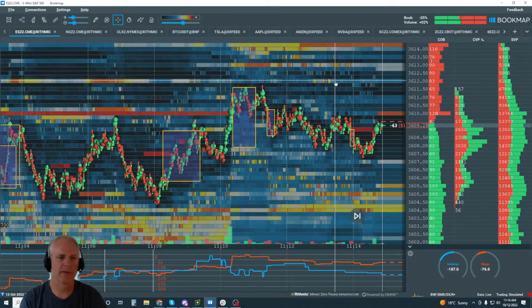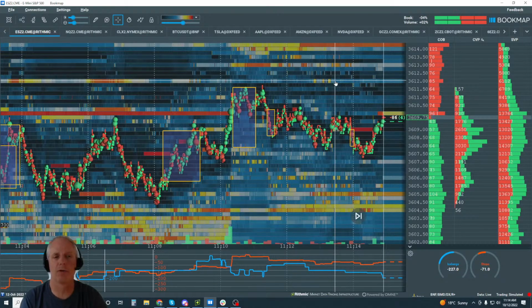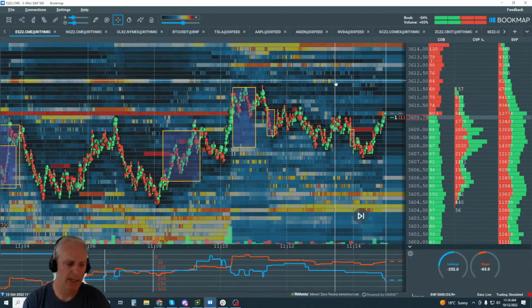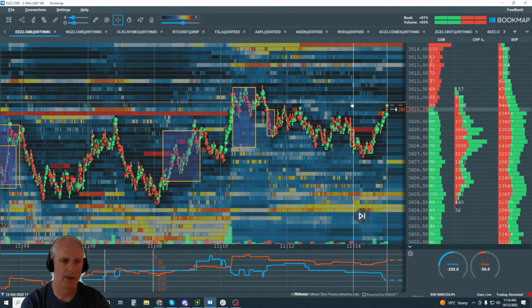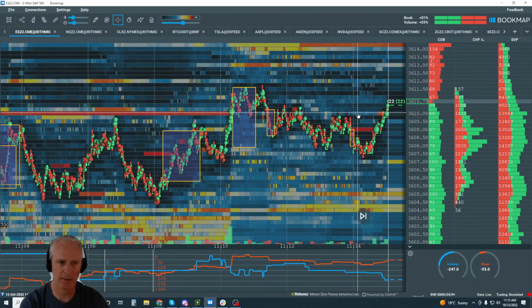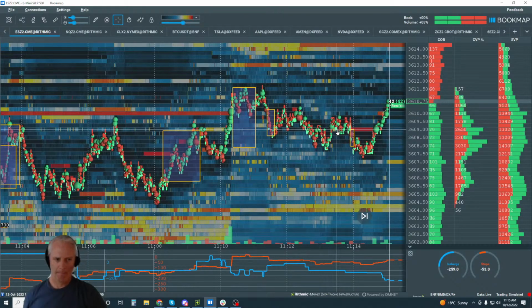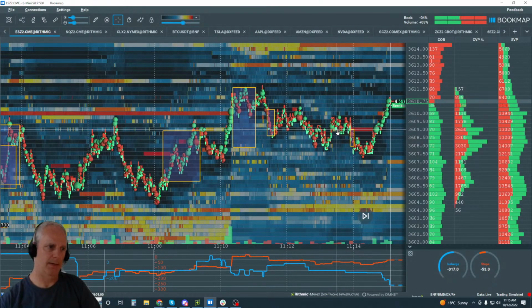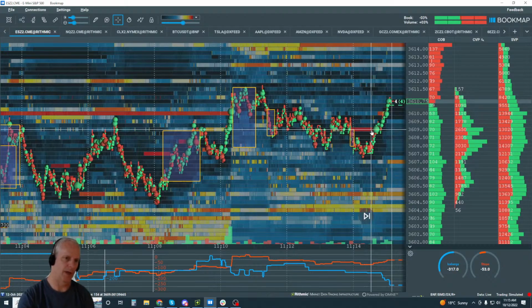And if it's not convincing, then we don't know with higher probability where price might go, based on the participants in here in the market. Okay, and that was a good decision.